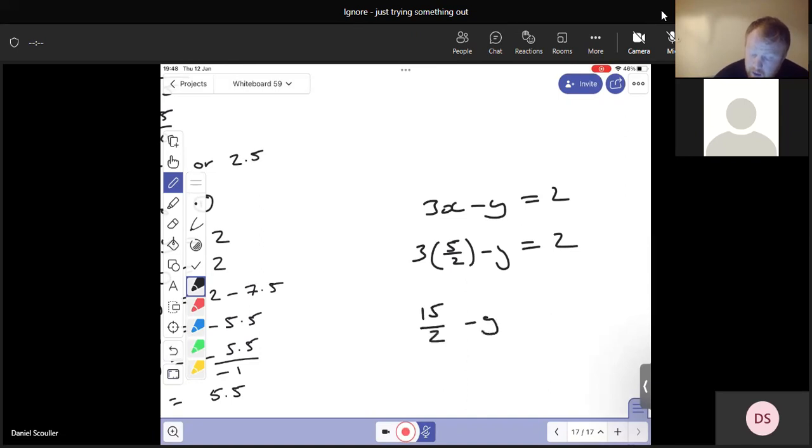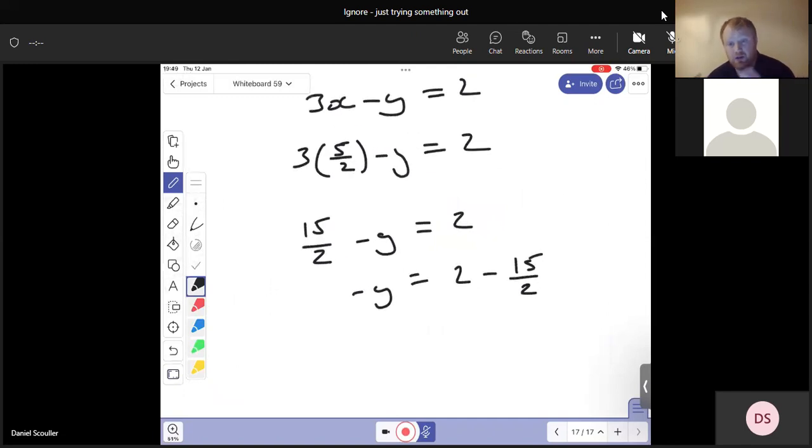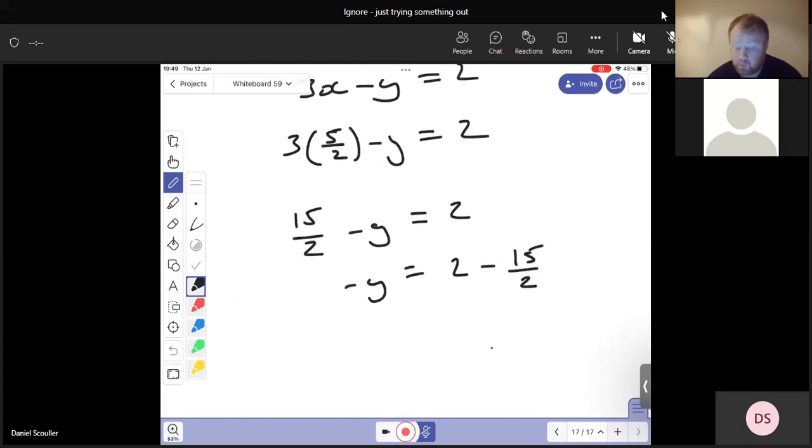minus y equals 2. Okay, minus y equals 2 minus 15 over 2. Again, going back to when we did fractions, we took away fractions. It wasn't that long ago.